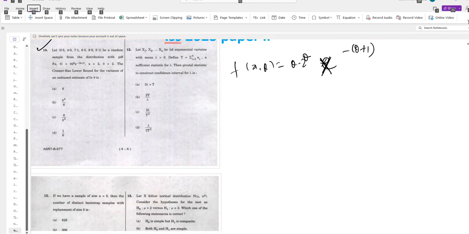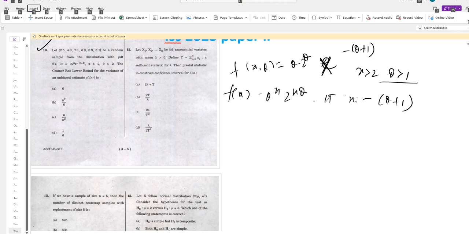Now in this case, f of x, theta, so if we just go for f of x here, theta, n theta, this is x greater than 2 and theta greater than 1.